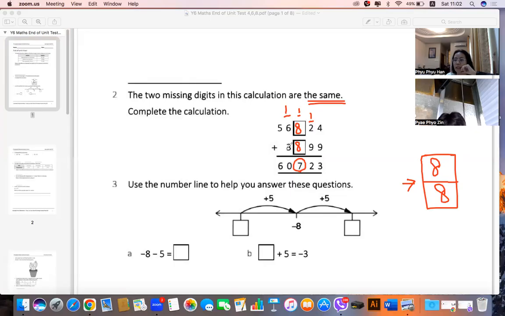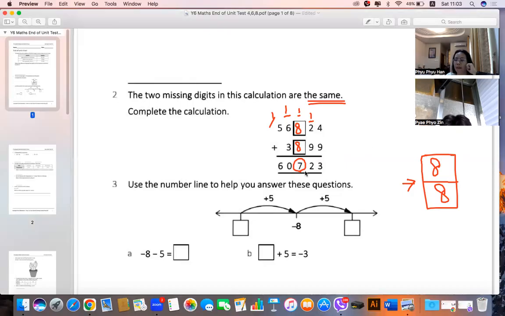So that will be 10. I will put 0 and I put 1 here. We will get 6, right? So I need to put 8 instead of 3. You have to be careful also. If we put 7, it's all right for this place, but we need to look at the next place also. The next place is not 9. If it is 9, our answer is correct. It must get 10 because you can see the 0. So our answer has to be 8.